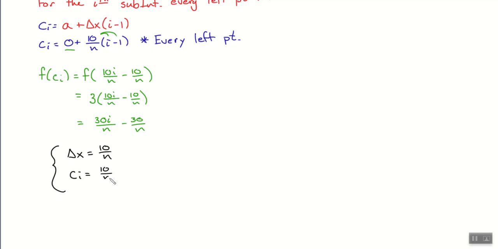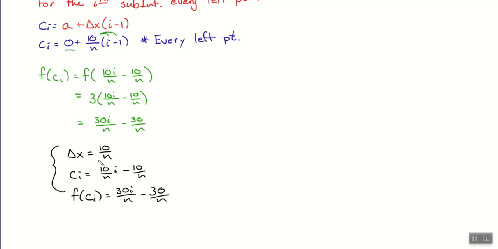And I'm going to write it as 10 over n times I minus 10 over n, which is what we just distributed to anyway. And the only other thing that I need, and I don't really truly need to have this written here, but we have to calculate it, is we also need to know that f of this thing is this, 30I over n minus 30 over n. This is the important info that we got out of that. Everything else that we did was just to build the intuition and understand where this stuff really comes from.